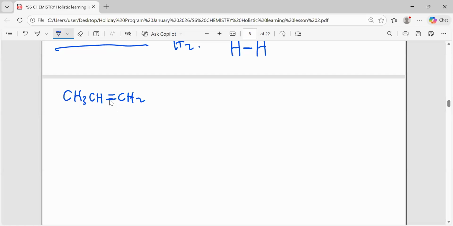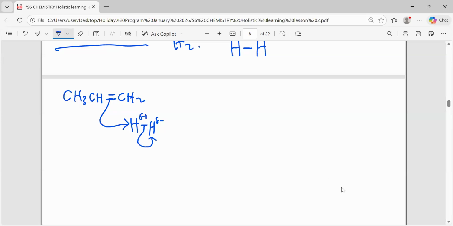It will break and come for this one, which is partially positive, and then you have this one, which is partially negative. And when it comes for this partial positive, this bond also will break and takes off this one, which is partially negative. Are we together there?